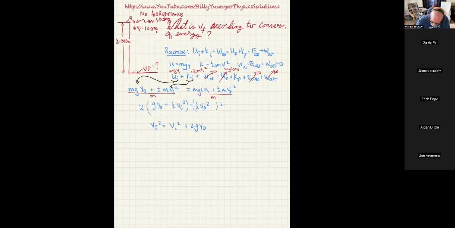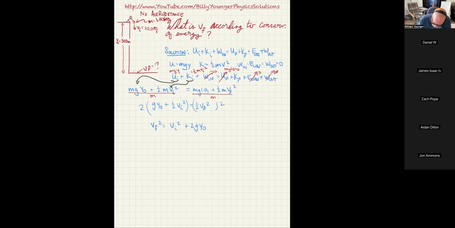So that's kind of a nice thing to see, that when we're doing methods that had nothing to do with the calculus of kinematics, but had a lot to do with this new concept of energy, we ended up getting the exact same result we got from kinematics when we imagined throwing a ball downward with an initial velocity and wanted to see what the final velocity was.